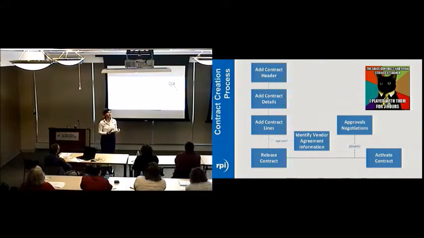You add your header, and then you add your line detail. From there, you can associate it with the vendor agreement that you want to add, or if you just want it to stay in contract management, you can do that. And then you can also go through approvals or negotiations through that redlining process. And from there, you can release your contract.